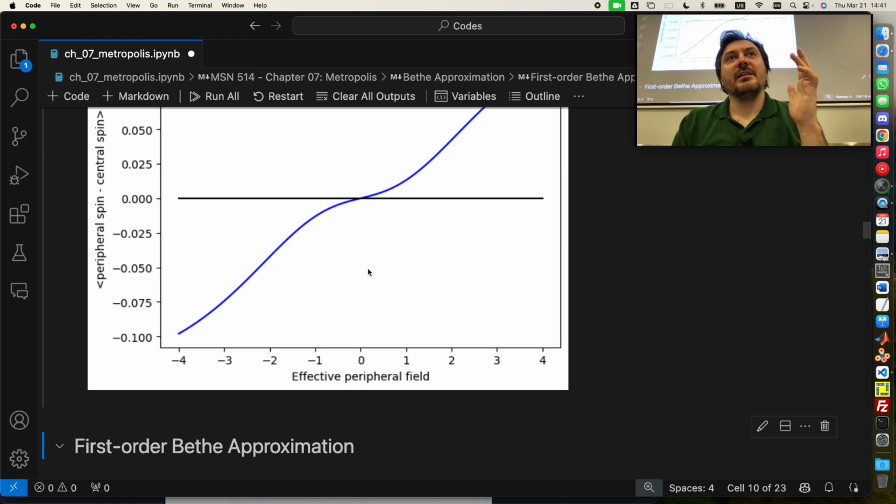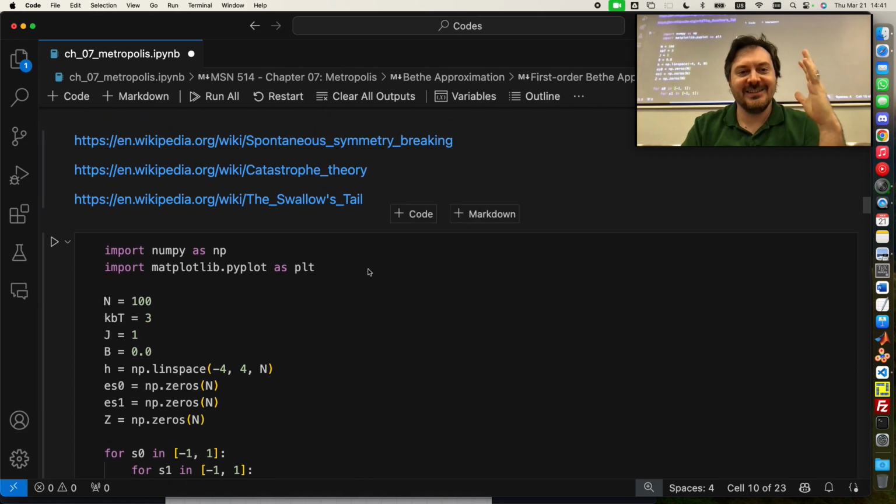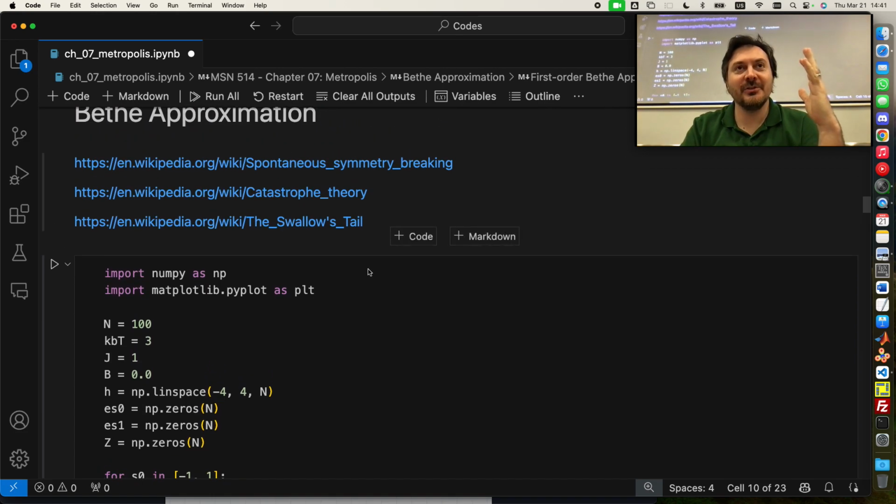You might be thinking, okay, this is just a quirk, an irrelevant thing, not important. But if you ask a physicist what is the most important thing, she will tell you symmetry. What is the next most important thing? Symmetry breaking.